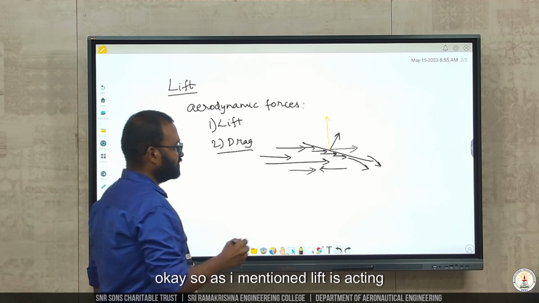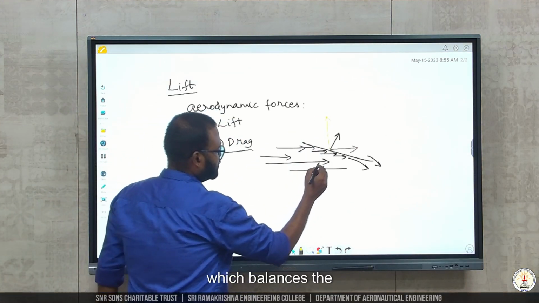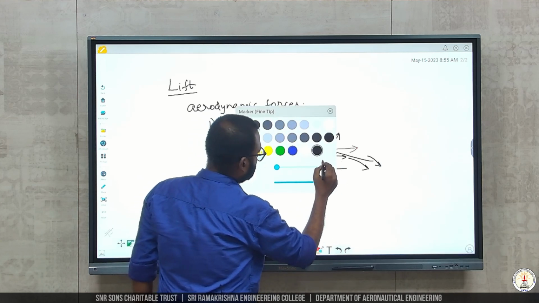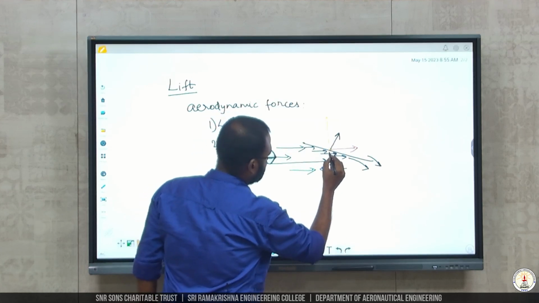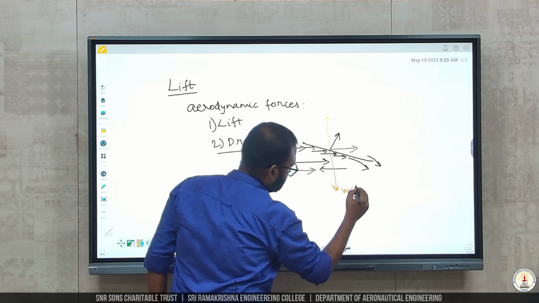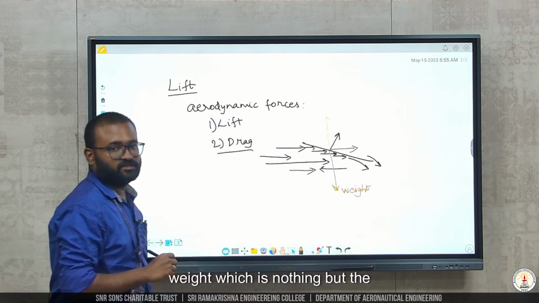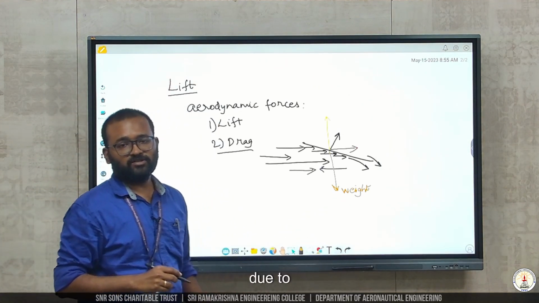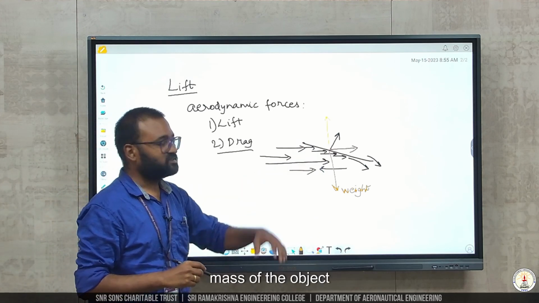As I mentioned, lift is acting upwards, which balances the weight, which is nothing but the force generated due to Earth's gravity, which solely depends upon the mass of the object.